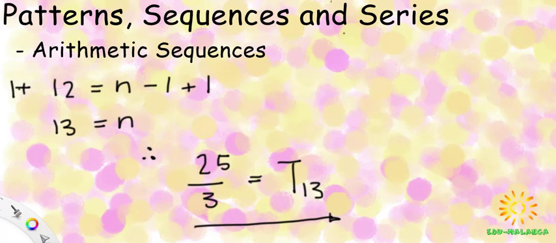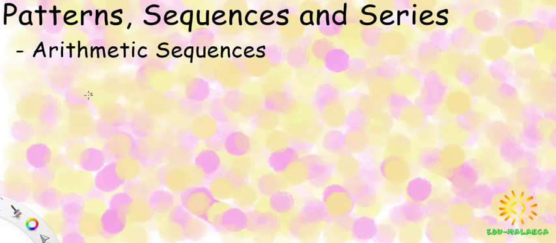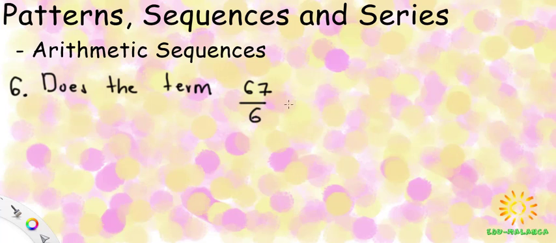The last question we will solve for this arithmetic sequence is similar to the question that we just solved, but we're testing for understanding of the restrictions associated with n. So the question is, does the term 67 over 6 belong in this sequence?